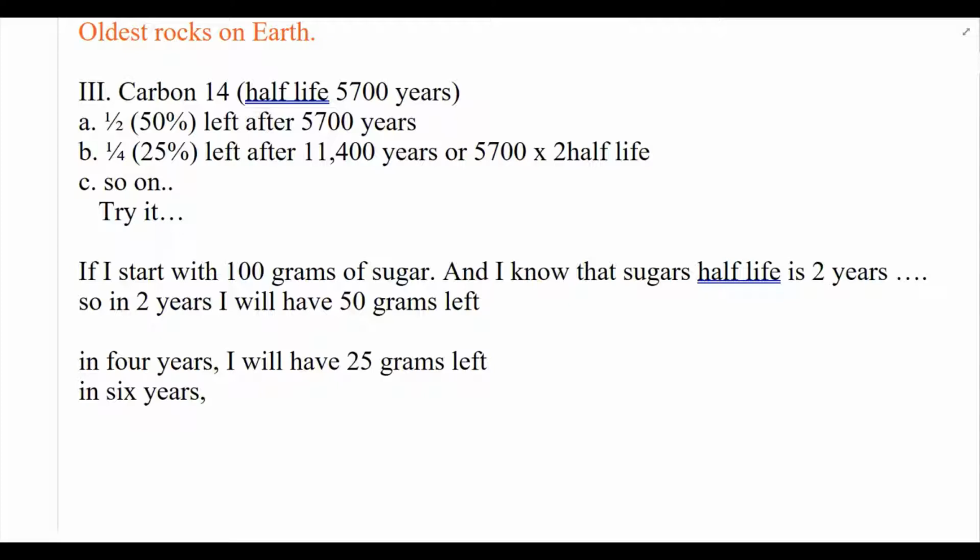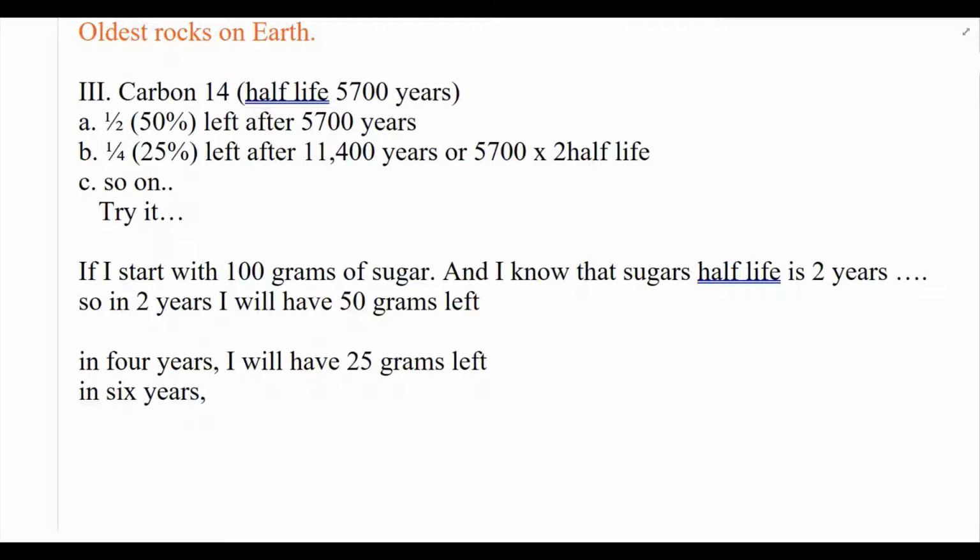And in 6 years, now this is another half-life. My time hasn't doubled, but another half-life has gone by. I've gone from 4 years to 6 years. If a half-life is 2 years, that's another half-life.